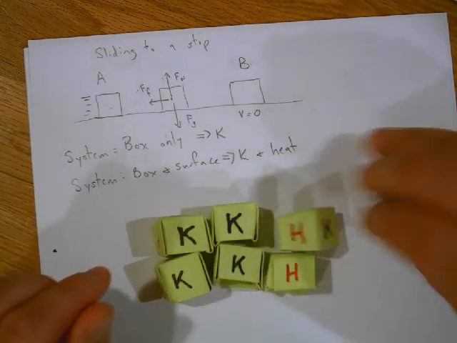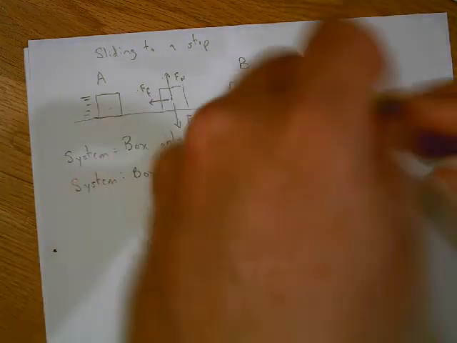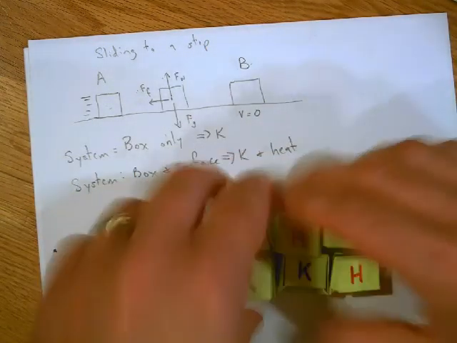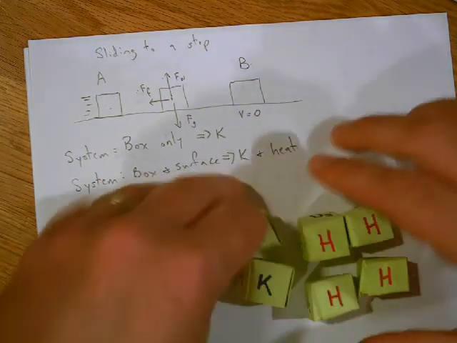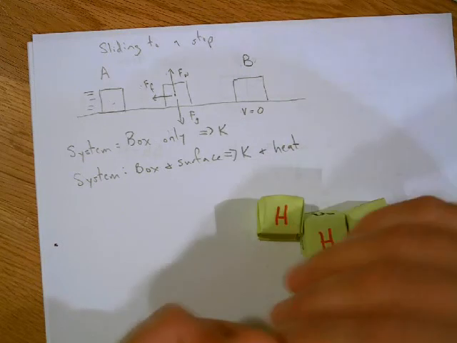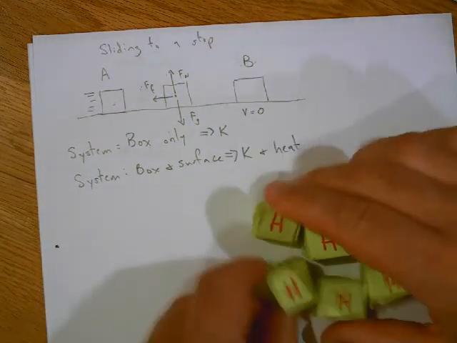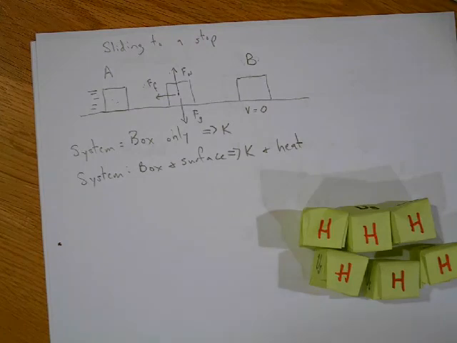As it moves along, then another box gets changed to heat, and then another box gets changed to heat, and you get the idea, until finally, when you finish, at the end, all of the energy got converted to heat.